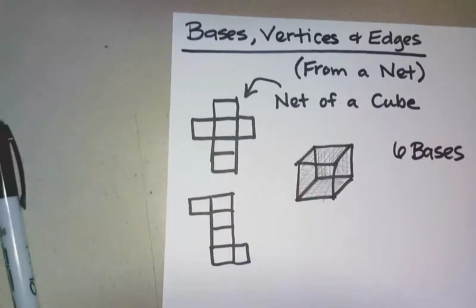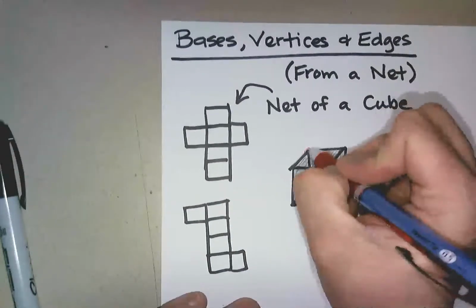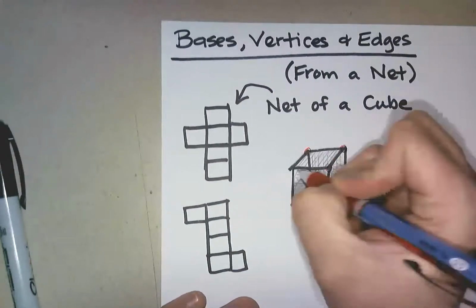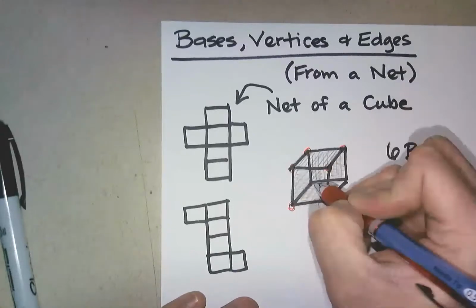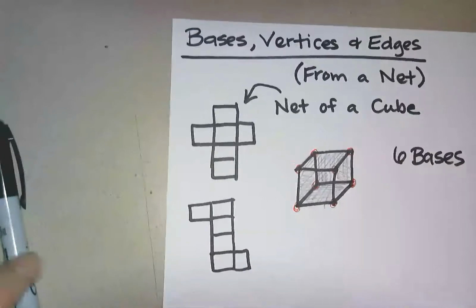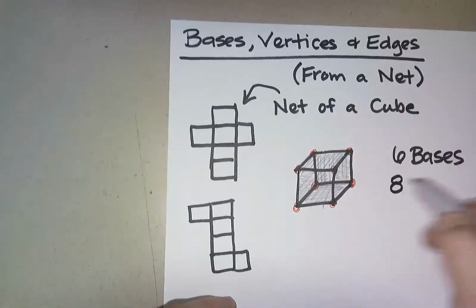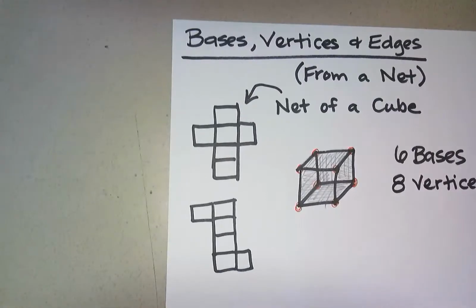Again, because I've noticed that the net is a cube, I drew the cube. Now I can confidently find how many vertices I have. So 1, 2, 3, 4, 5, 6, 7, 8. And you see that right there? So I know that there are 8 vertices. And the last part are our edges. And you know I like to use that blue color. Here it is.